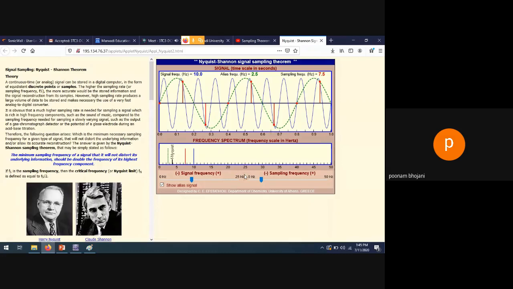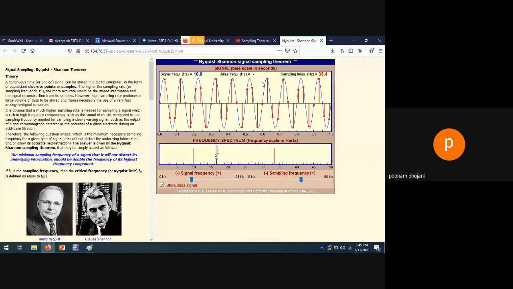So every time it will not be possible to reconstruct the original signal if you keep your sampling frequency less than 20. And if you increase the sampling frequency greater than 20, like 30, 33, 34, now if you join your red color dots, you will have so many points.